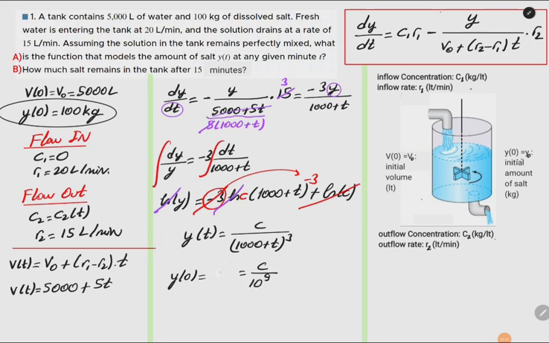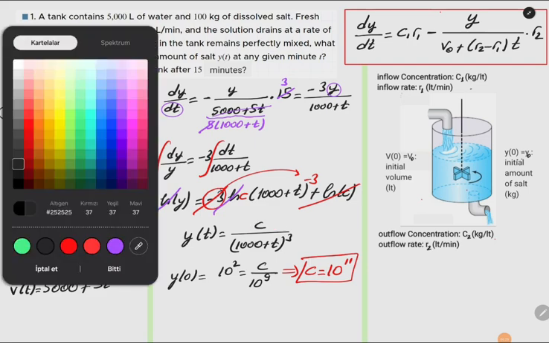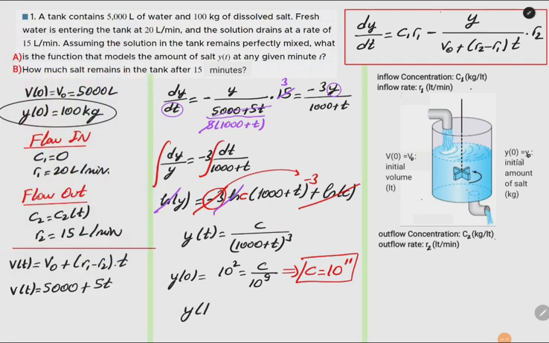But 100 is also 10 squared. By cross multiplication, what we obtain here is c is equal to 10 to the 11. So when we plug 10 to the 11 in c, what we obtain is the complete y(t) function. It is 10 to the 11 divided by (1000 plus t) cubed.